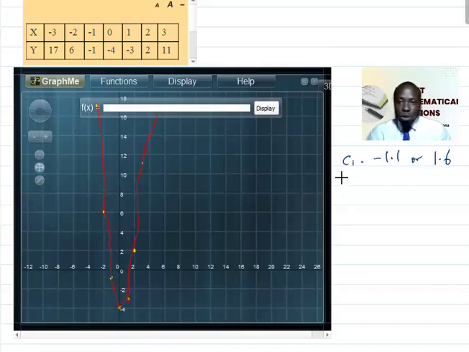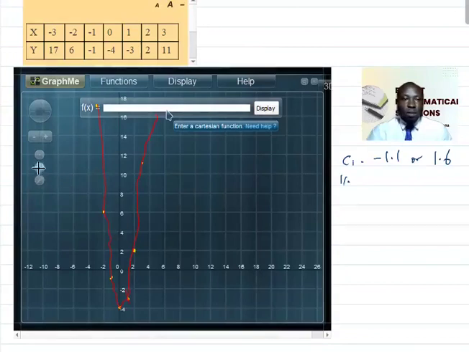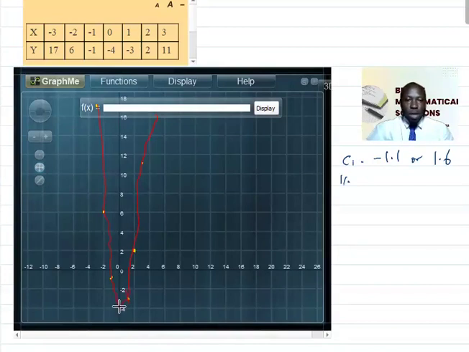So the second question, that is C2. It says values of x for which y increases as x increases. Now if you look at this point, at this point y begins to increase.